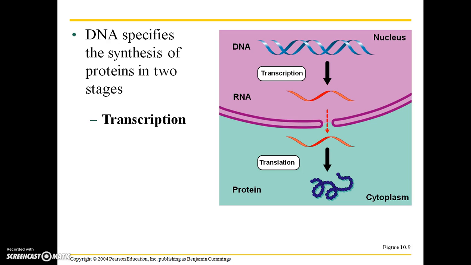DNA specifies the synthesis of proteins in two different stages, transcription and translation. And by synthesis of proteins, this is basically just to say that for any trait to be expressed, there has to be proteins made from that genetic basis.